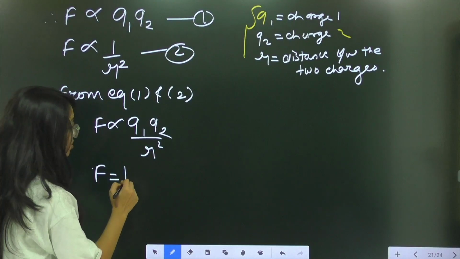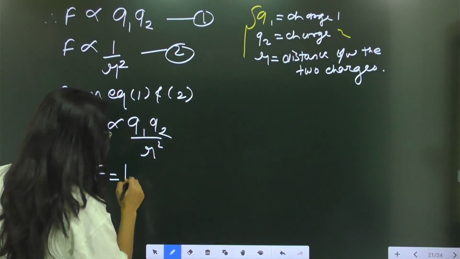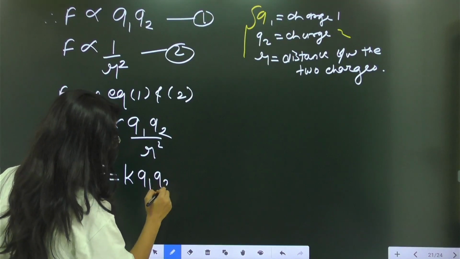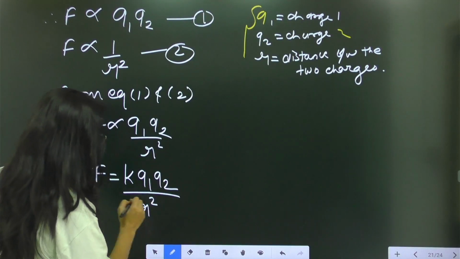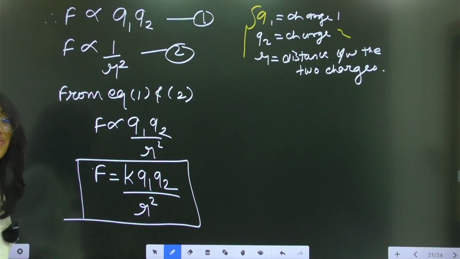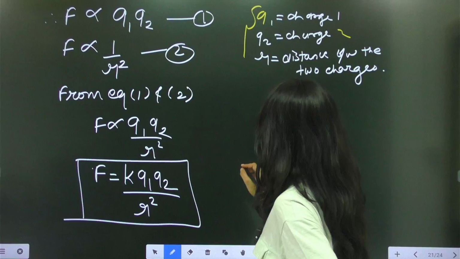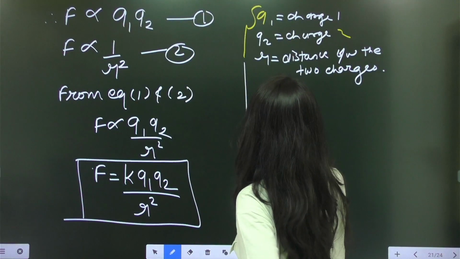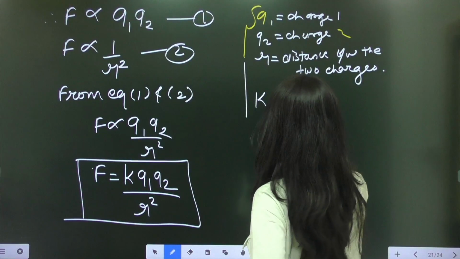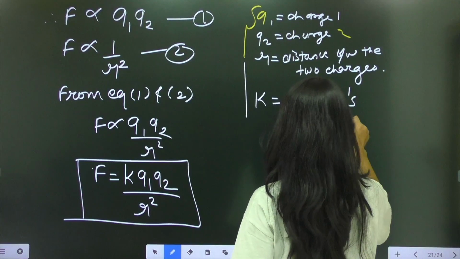F equals K Q1 Q2 divided by R square. This is your formula for electrostatic or Coulomb's force, where K is Coulomb's proportionality constant.